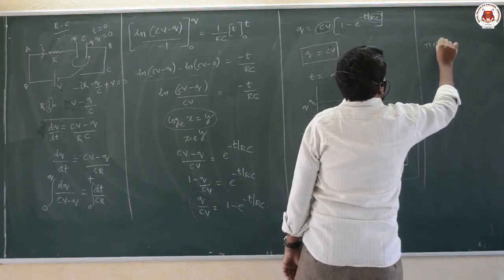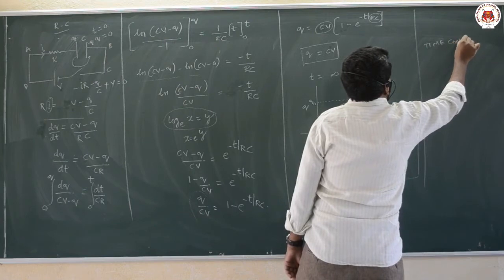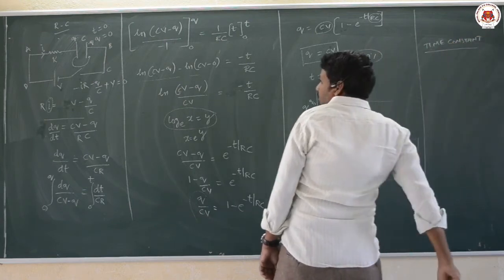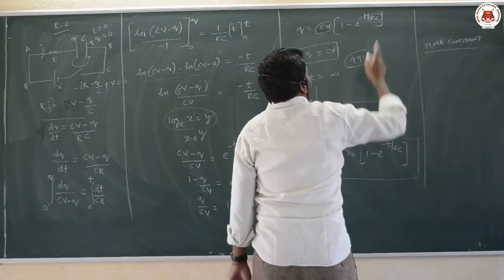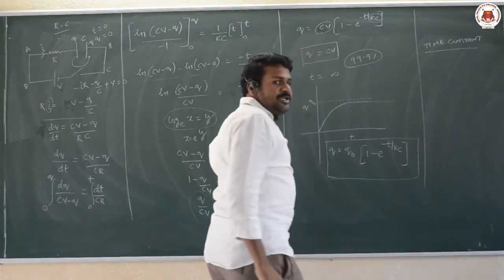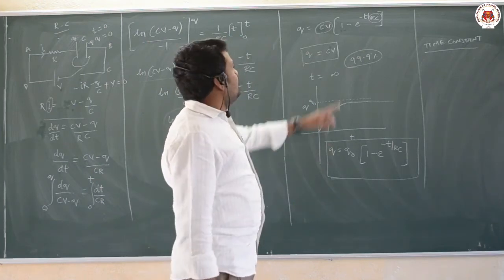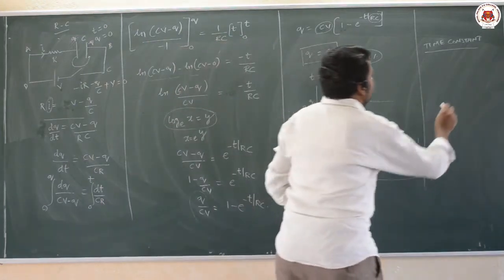How to define this time constant: it is denoted by the letter tau, in e power minus t by tau.